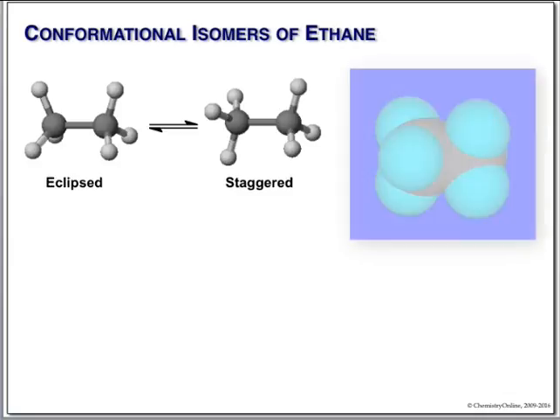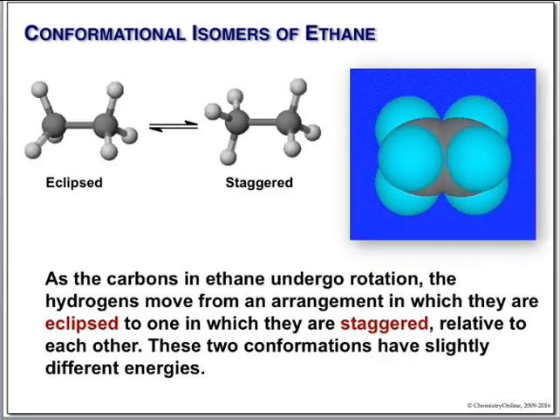It looks like this. We can rotate around this single bond here, as this is doing. And as it rotates, we can identify 2 major structures. Here, the hydrogens are in each other's face, aren't they? They are. And here, they're not. This is called eclipsed and staggered.